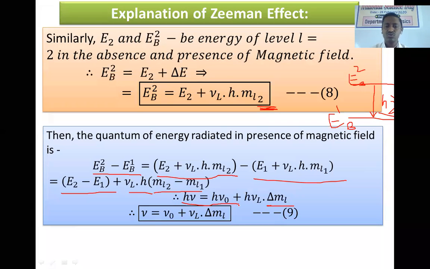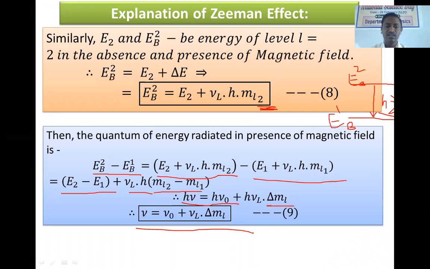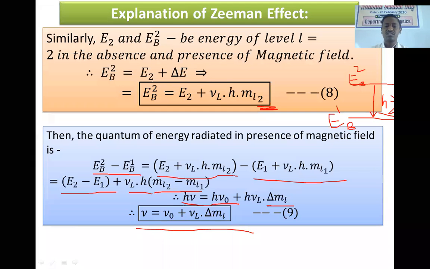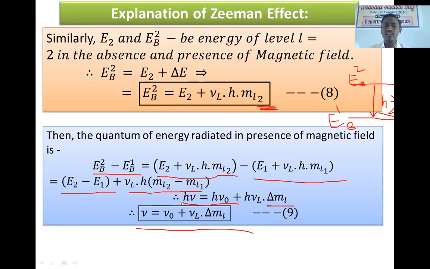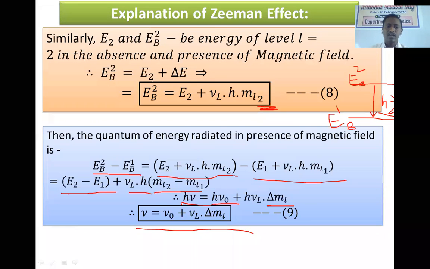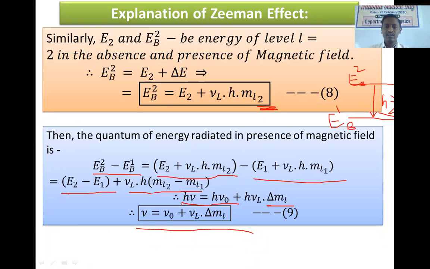Now h is common in all three terms and gets cancelled, so we can write the equation as nu equals nu 0 plus nu L into delta ml. This is the frequency of the spectral line, because the h nu in the above equation is the energy radiated during the transition in presence of magnetic field. So we have calculated the frequency of a spectral line in presence of magnetic field during the transition.